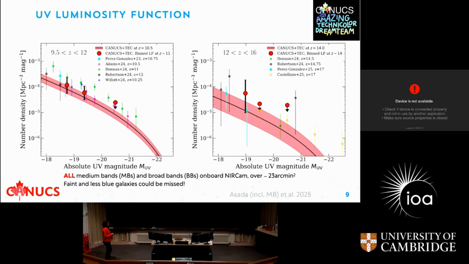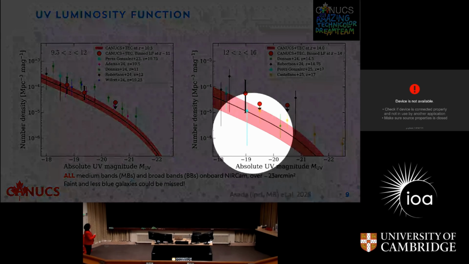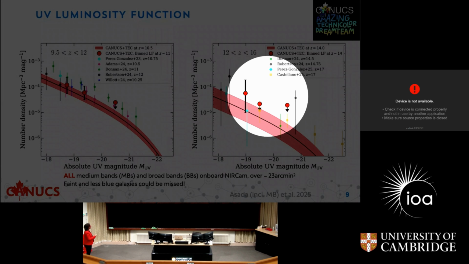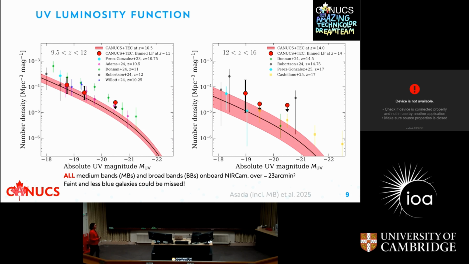And so when we do the luminosity functions, this is just luminosity function at redshift between 9 and 12, and this is between 12 and 16. Our results are showing that these lines are slightly lower than the rest of the observations are showing.